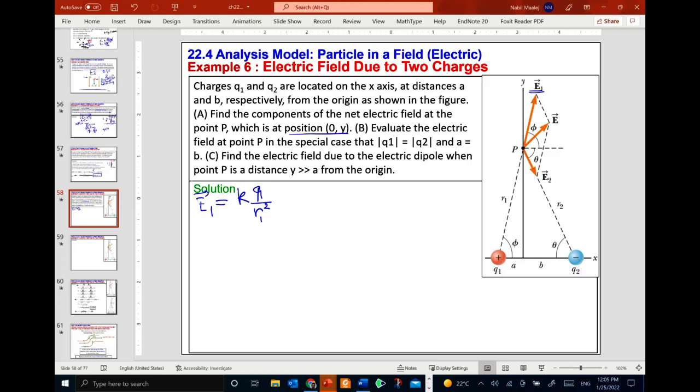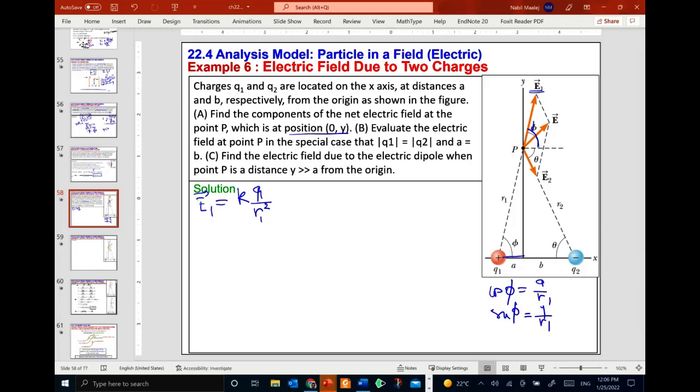Let's assume this angle is phi, and it's the same as this angle. So you can see that in this case, the cosine of phi is equal to A divided by R1, and the sine of phi is equal to y divided by R1.